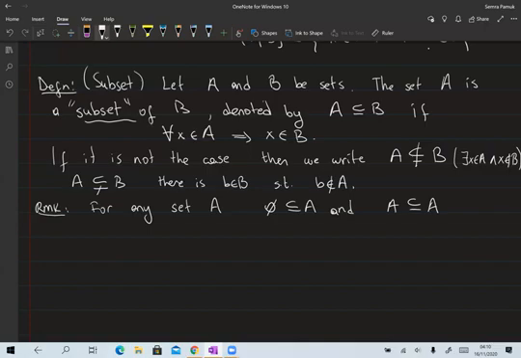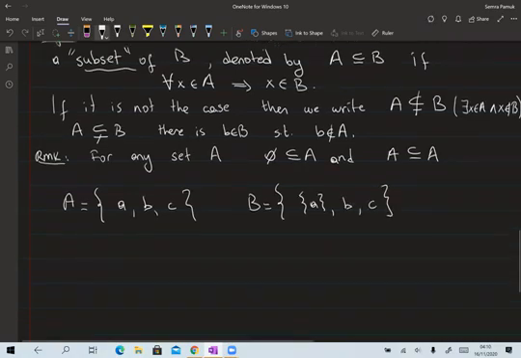Okay, so let me try to give you an example. Let us say that A is this set, and B is this one. Let me put one more. Now the question is, is A a subset of B?